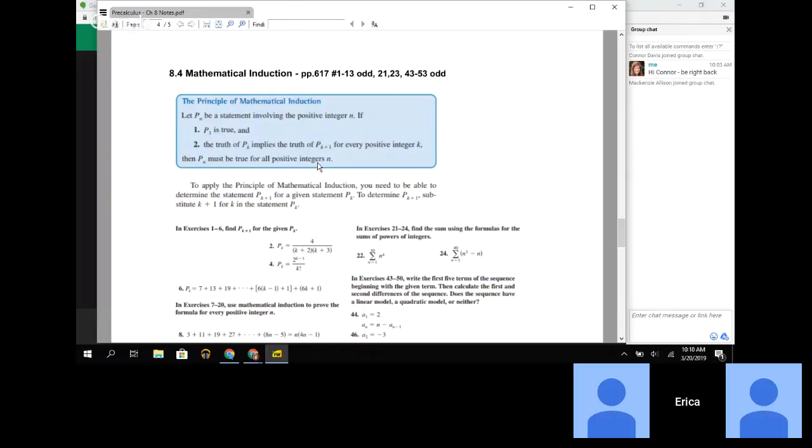So to actually do this idea of mathematical induction, you need to basically do this little paragraph down here. So to apply this principle of mathematical induction, you need to be able to determine the statement P sub k plus 1 for a given statement P sub k, and then determine if it's true. So I think this is one of those things that sounds kind of crazy.